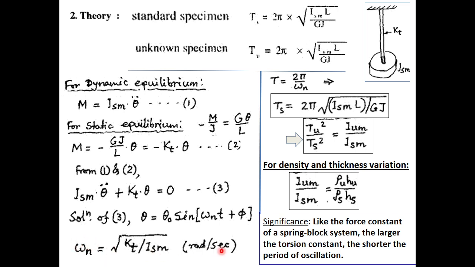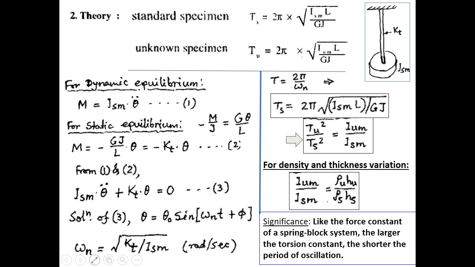This is in radian per second, and from here we can find the time period of oscillation, which means how much time is required to carry out one oscillation. In one oscillation, the angle we need to go through is 2 pi, 360 degrees.